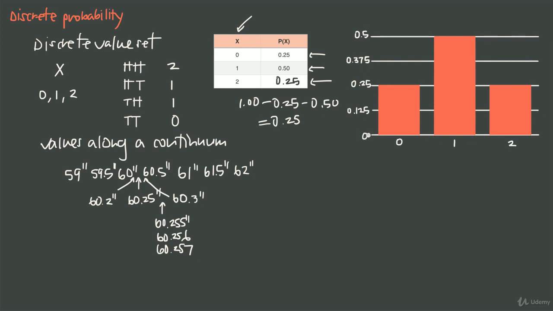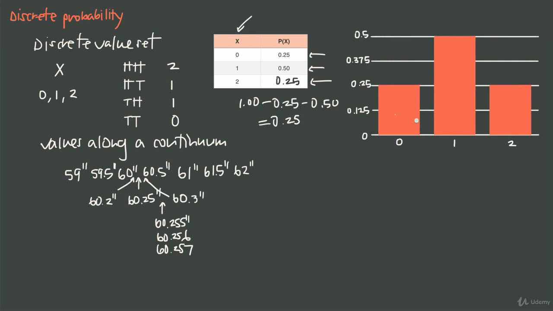So we have a 25% chance that x will take on the value of 0, so we graph this 0 bar here up to 0.25. There's a 50% chance that x takes on the value of 1, so for 1 here, we plot this all the way up to 50% or 0.5, and there's a 25% chance that the discrete random variable x takes on a value of 2, meaning that we get 2 heads when we flip a coin 2 times.